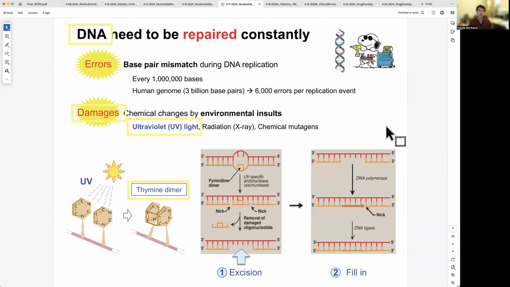Now going into DNA repair. DNA damage often occurs by various causes. The emphasis here is ultraviolet light; UV light causes damage to the DNA. You need to know what kind of damage, specifically the so-called thymine dimer. Two thymines together make a cross-link, a covalent attachment.